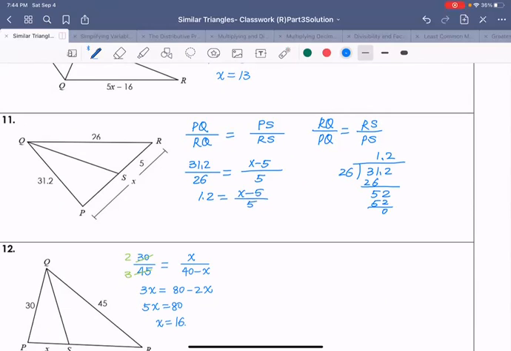Continue. I don't really know what to do. You times 5 on both sides.